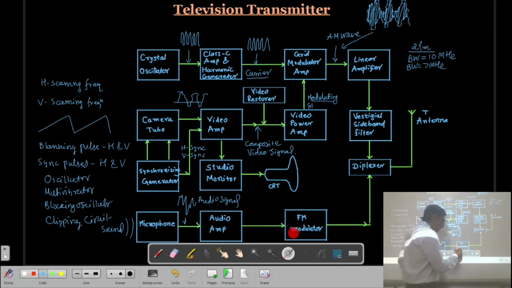The FM modulator also requires a carrier wave for the modulation. This carrier wave you can derive from the crystal oscillator, or from the harmonic generator. So the harmonic generator will provide the sound carrier wave.